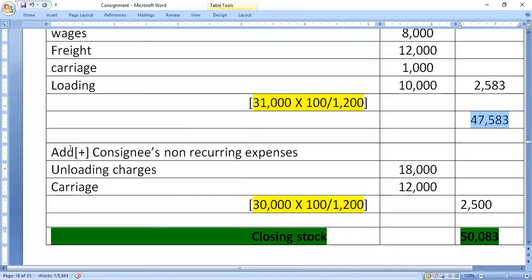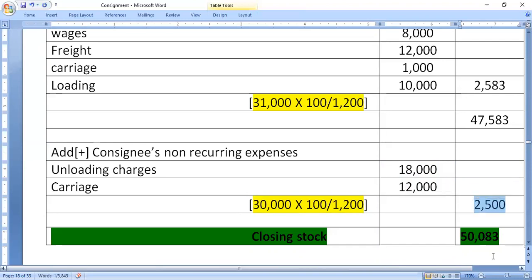Then add the consignee's non-recurring expenses. We do not consider recurring, regular expenditure; only non-recurring expenses, which are not regular, are included in the calculation. Under that, unloading charges 18,000 and carriage 12,000, total 30,000. 30,000 into unsold stock 100 by total bats 1,200 leads to 2,500.